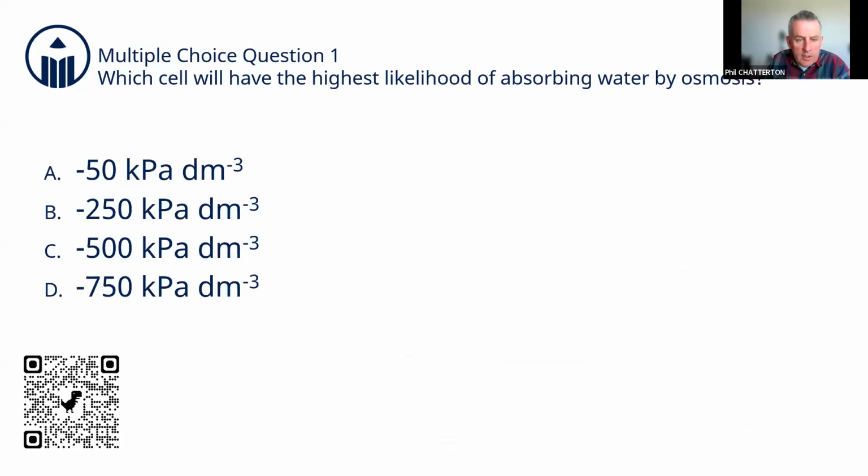Now, this is something you can answer in the Google document. This is multi-choice question 1. Which cell of those 4, A, B, C, D, will have the highest likelihood of absorbing water by osmosis? It's just a straight A to D multi-choice question.